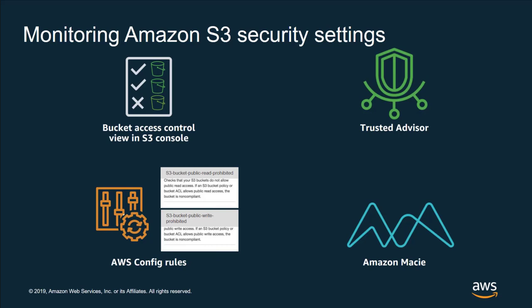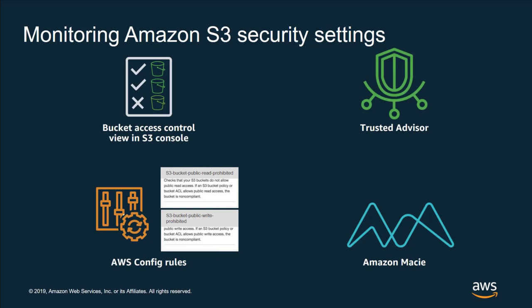We also have worked with AWS Config. AWS Config is a really nice way of establishing your managed set of rules and configuration policies, what your corporate best practices are. AWS Config monitors S3 to identify which buckets do not meet your corporate compliance.